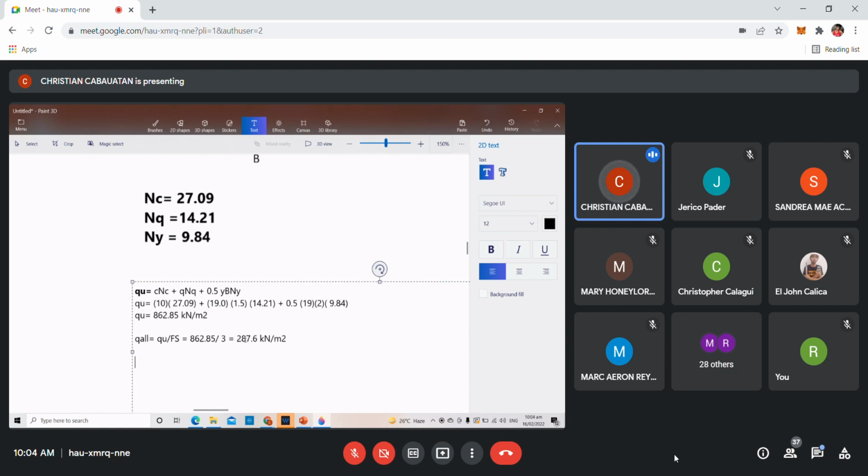So, to determine its maximal allowable load, which is Q, is equal to the Q allowable multiplied by its area. Okay? Ang area niya. Since it is a strip footing, no?